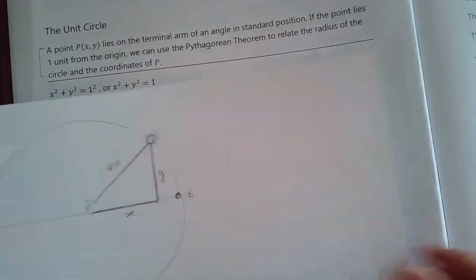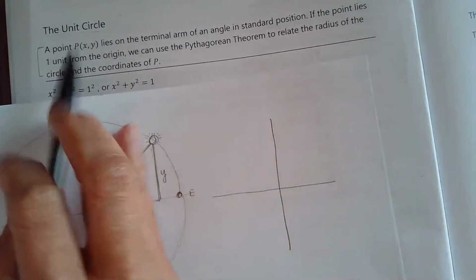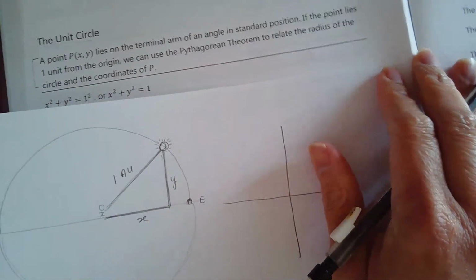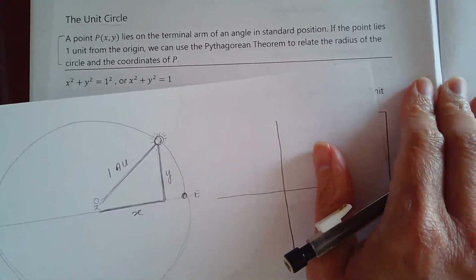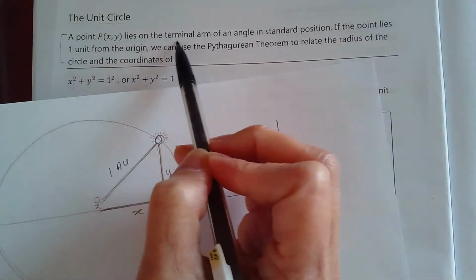What they're saying here is that a point (x, y) lies on a terminal arm.